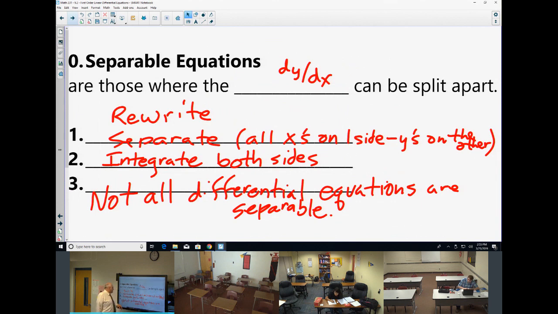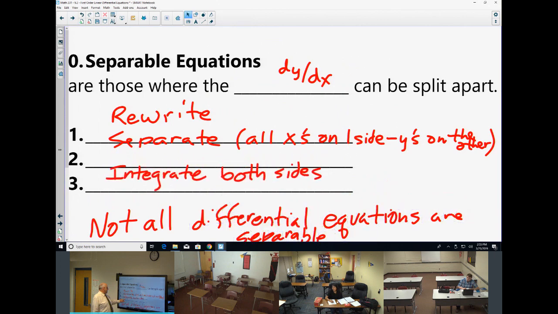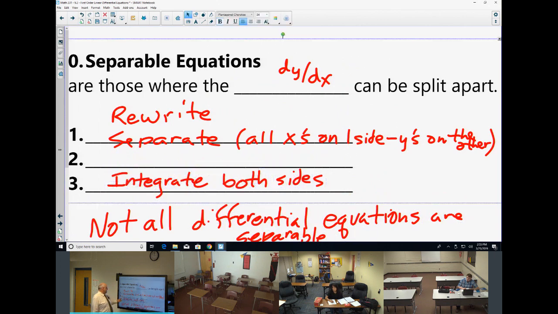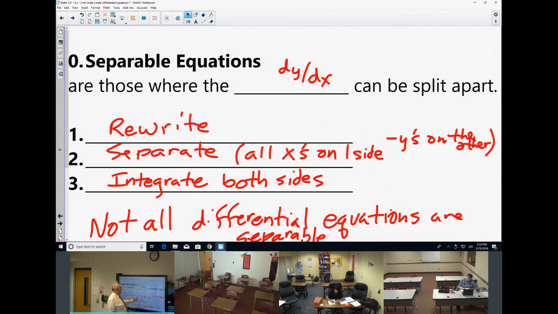And so there are 3 steps here. Let me clean this up. For some reason, when I move from room to room, it throws off the spacing. So step 1 is to rewrite the equation as necessary.